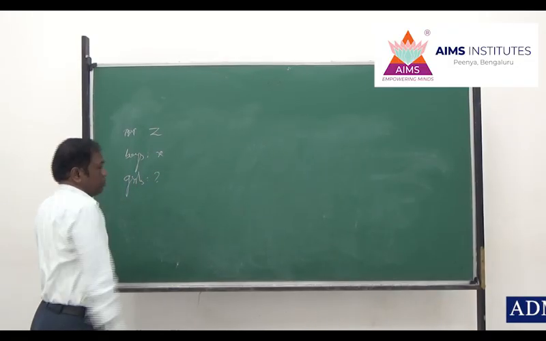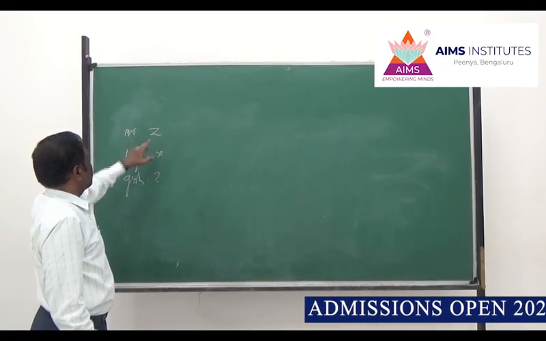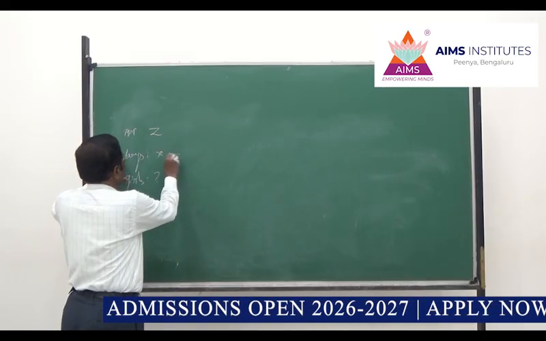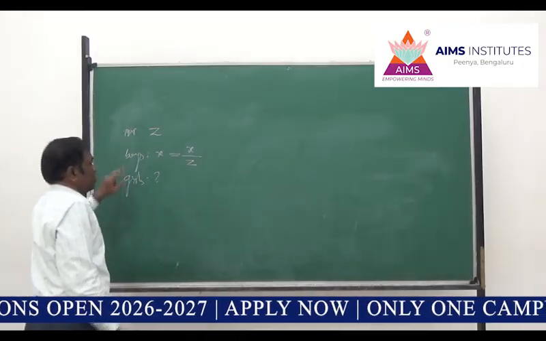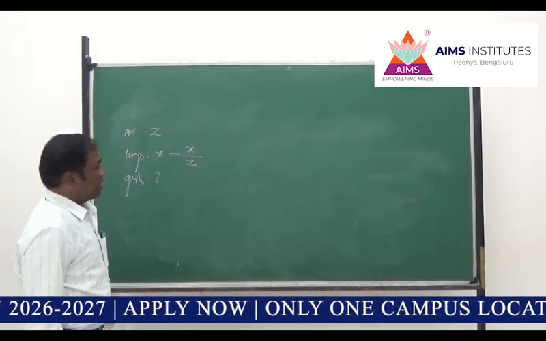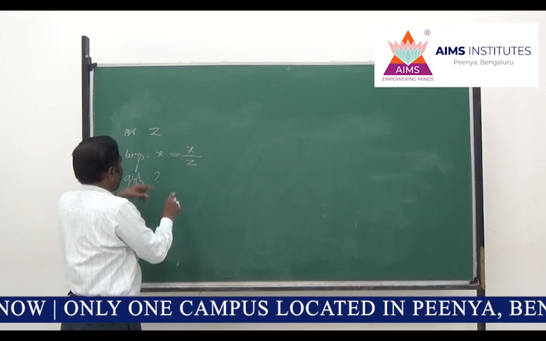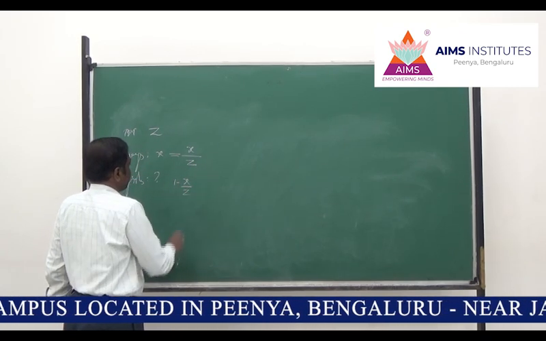It is all in fractions, so you have to write the fraction. Total students are Z, boys are X, so boys is X by Z. For girls, total size of the class is 1, so 1 minus X by Z.